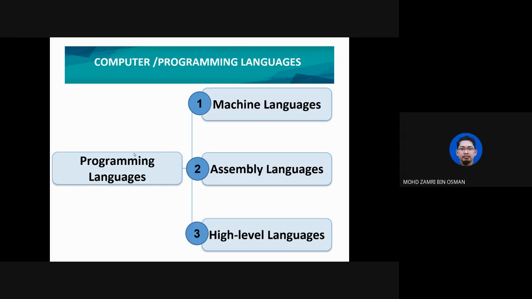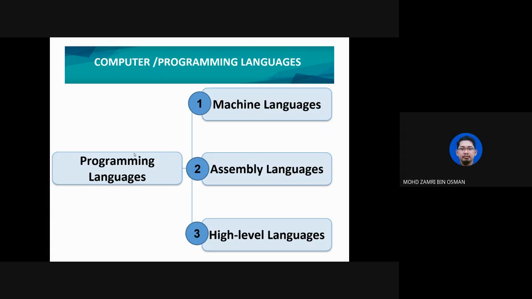So programming languages can be divided into three levels. The first level is machine language, which is only 1 and 0. You will learn this in other subjects, such as computer architecture or data communications.